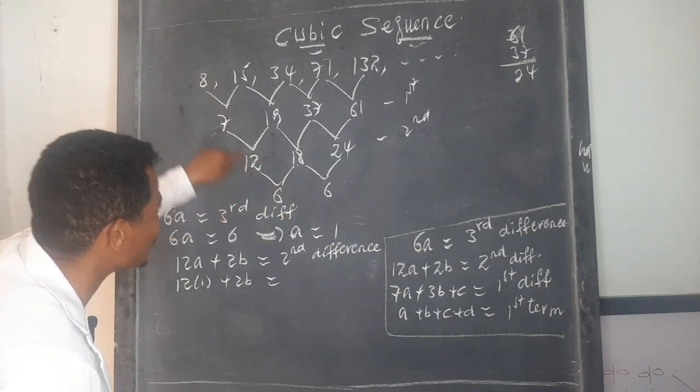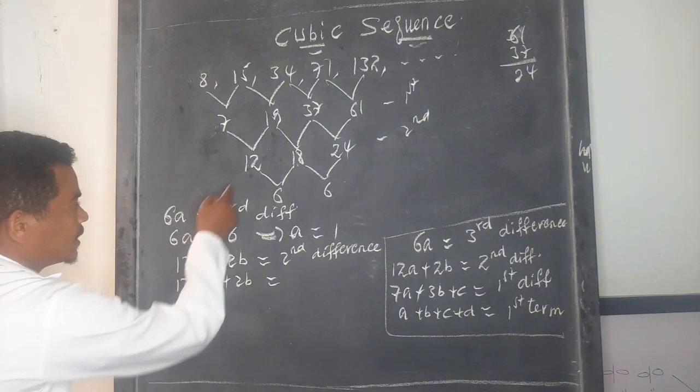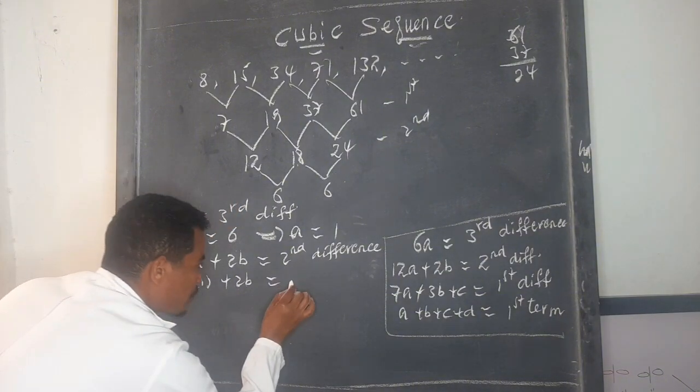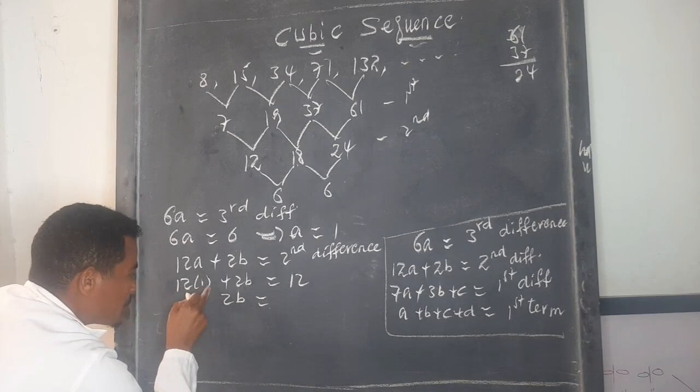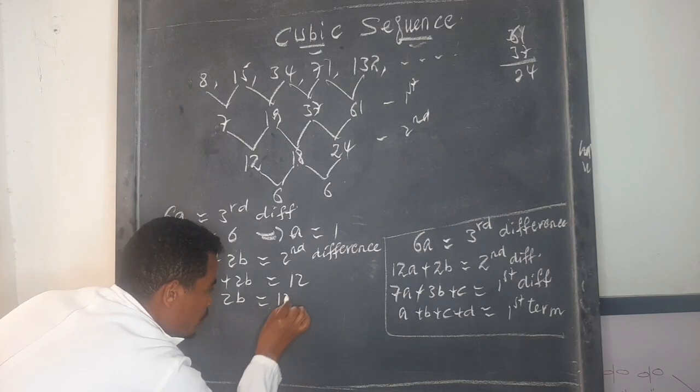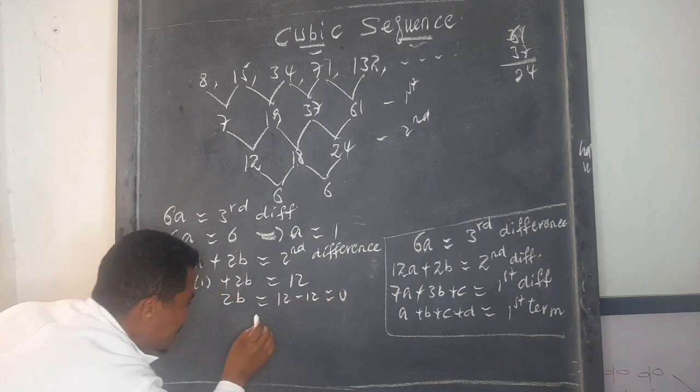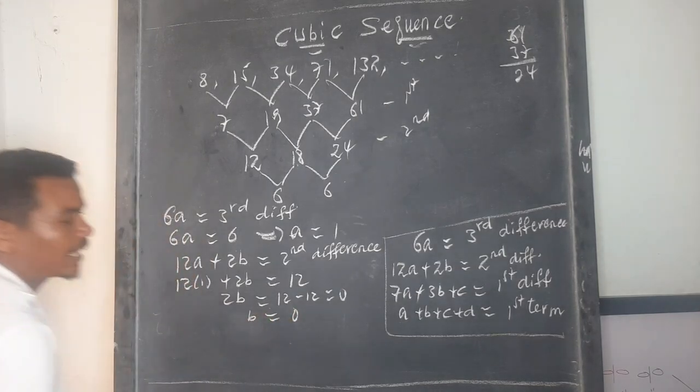So 2b is equal to 12 minus 12, which is 0. This implies b is equal to 0.